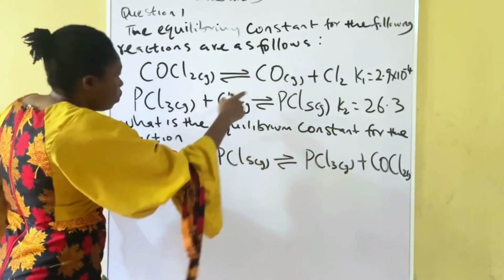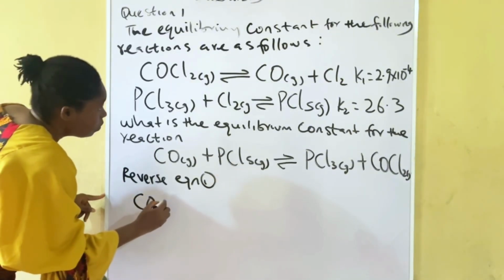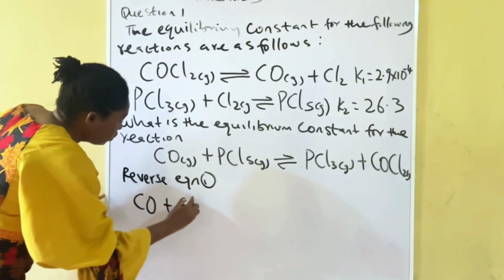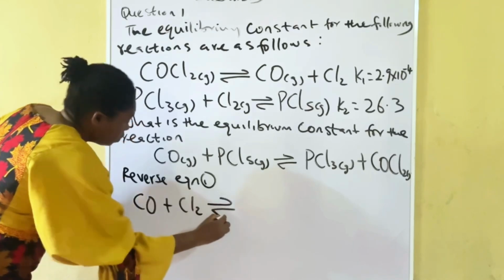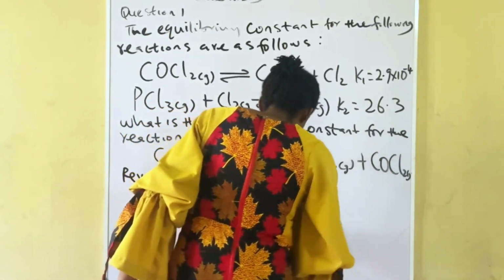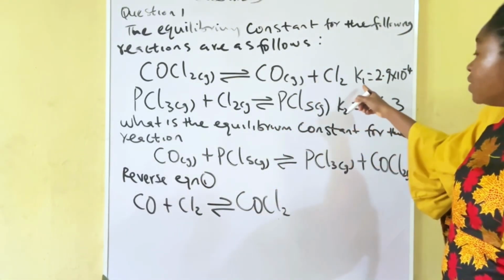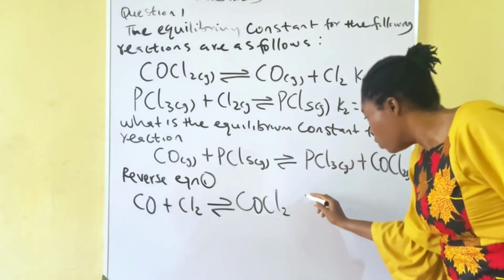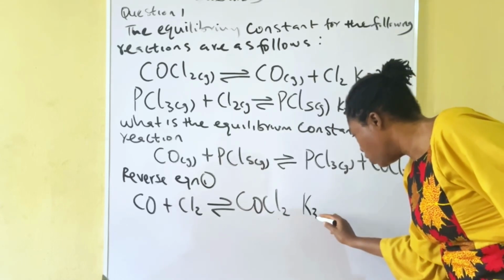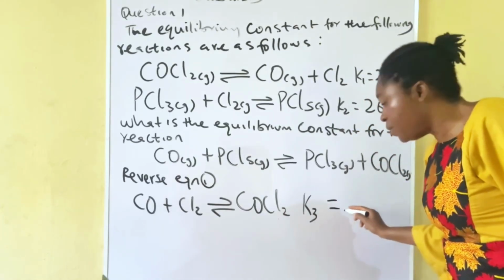Equation 1 is going to be CO plus Cl2 gives COCl2. The equilibrium constant here was K1, but now we'll call it K3 for this equation. So what will K3 be?